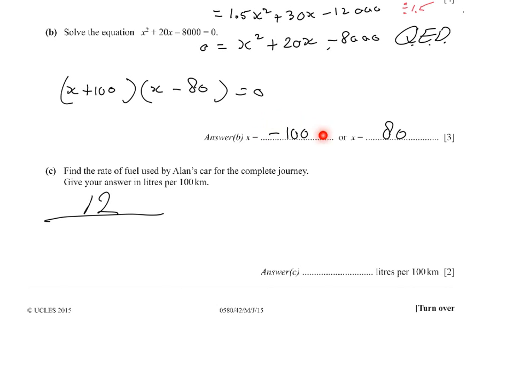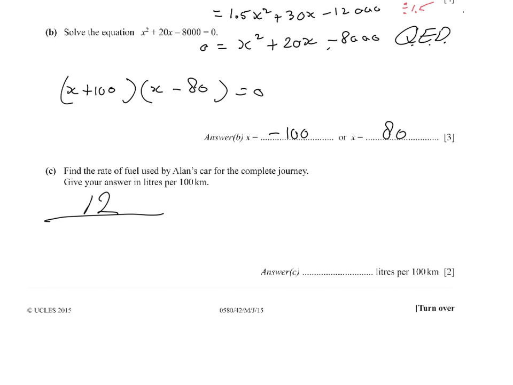Now, you just solve for x: minus 100 and x is 80. And then you have to discard the negative value for this question, because you're not going to travel a negative amount of kilometers. X is the amount of kilometers traveled. So minus 100 doesn't make sense. So apparently 80 kilometers is what Alan traveled. So 12 liters for the entire journey.